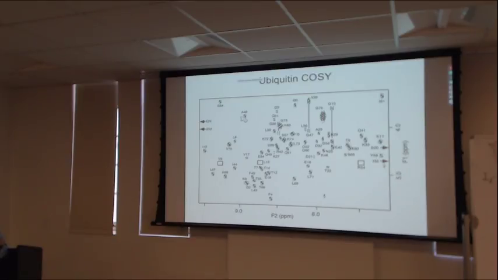So the COSY eventually stops working when relaxation gets large compared to the size of the J coupling. This is the problem we're going to talk about. It is easy to see here why that's going to happen because of this antiphase line shape.